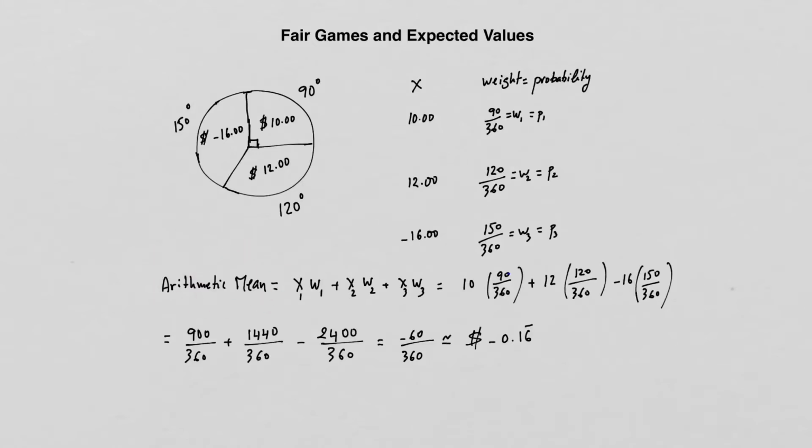So, always your random variable and then the weights associated with that random variable. Make sure you always know what your random variable stands for. In our case, the random variable stands for the dollar amounts you will win or lose.